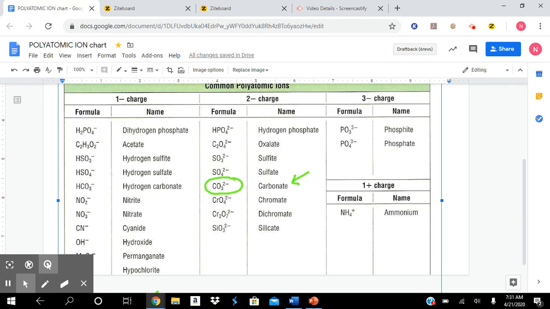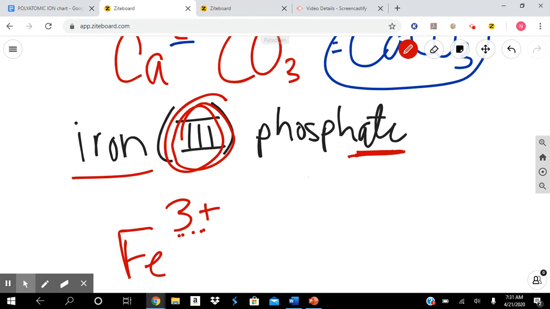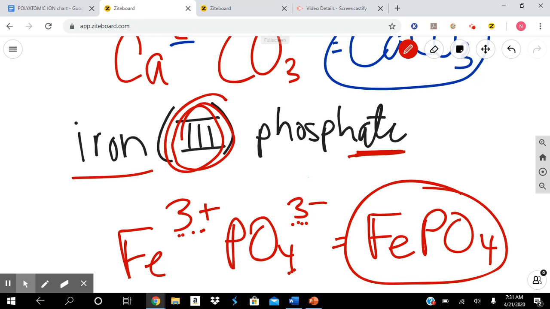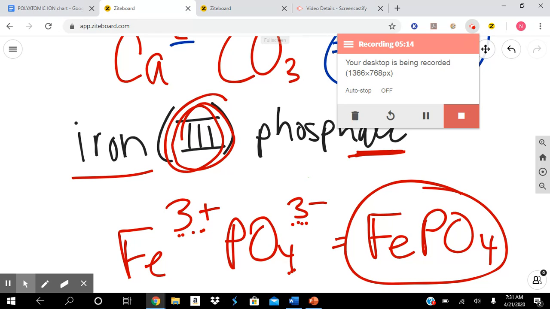You might have to hunt for this one a little bit. Phosphate is here. Phosphate is PO4. And its charge is 3 minus. So once again, the charges are the same. So we're just going to drop the charges and write the ions. And I have to write this 4 because it's part of the polyatomic ion of phosphate.